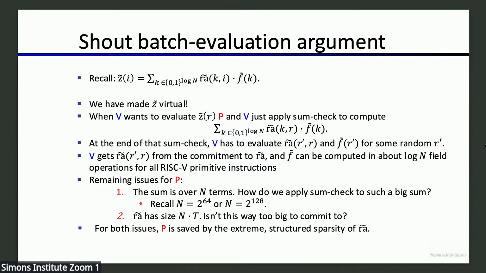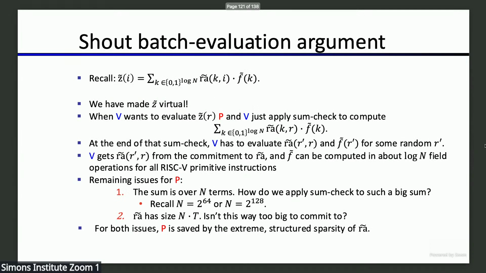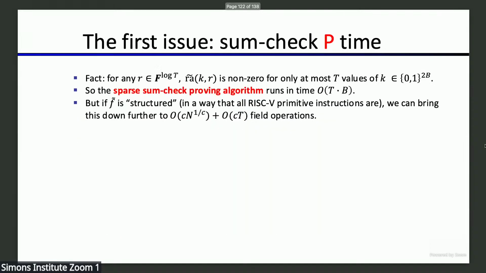Focusing on the sum first, all but t terms of the sum are 0. And so you can apply the sparse sum-check prover algorithm from 2011, and now your time is proportional to t.